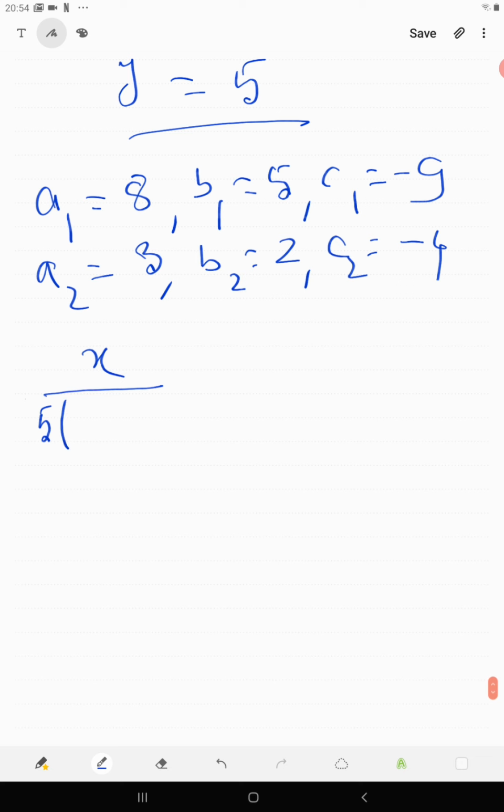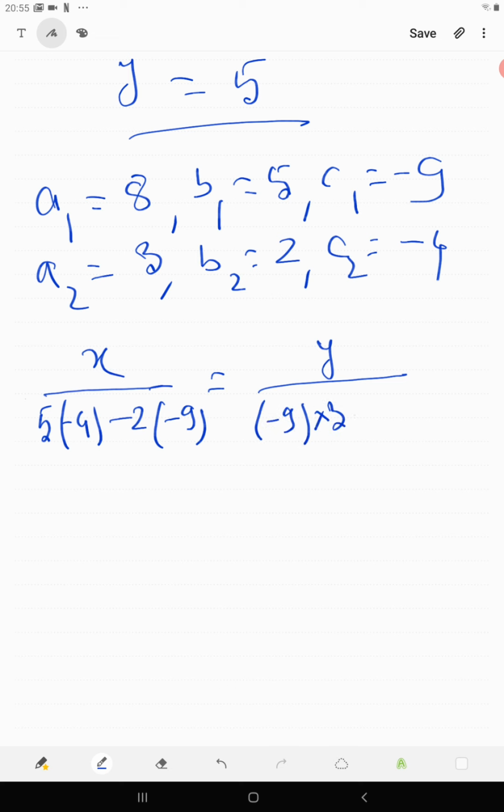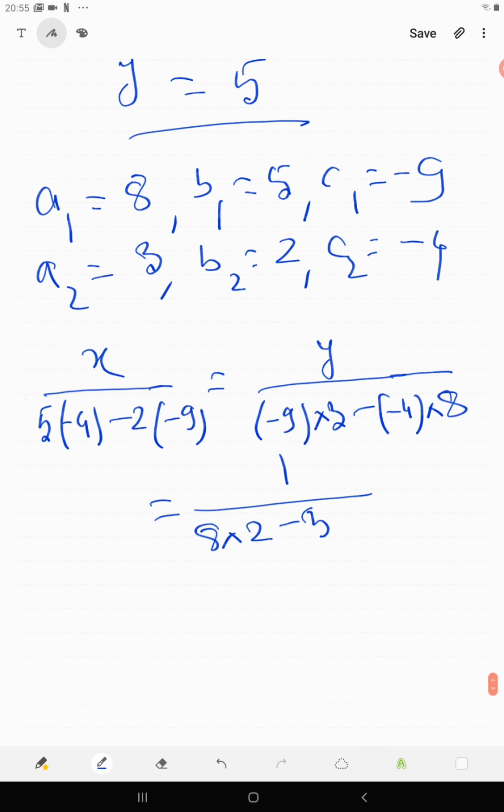So 5 into minus 4 minus b2 c1, which is 2 into minus 9, equals y divided by c1 a2, which is minus 9 into 3, minus c2 a1, which is minus 4 into a1 is 8, equals 1 by a1 b2 minus a2 b1, which is 8 into 2 minus 3 into 5.